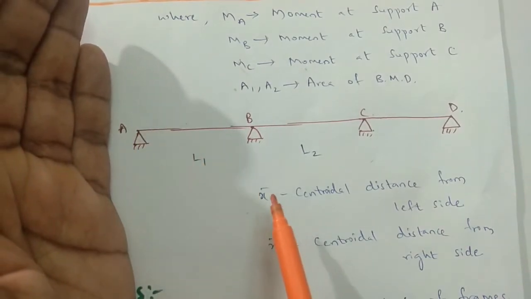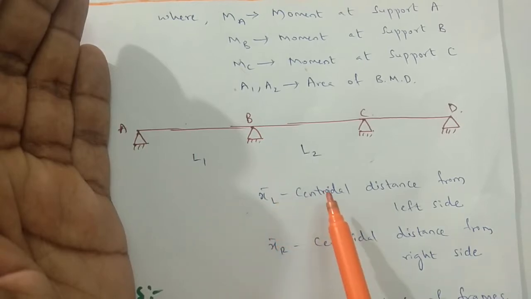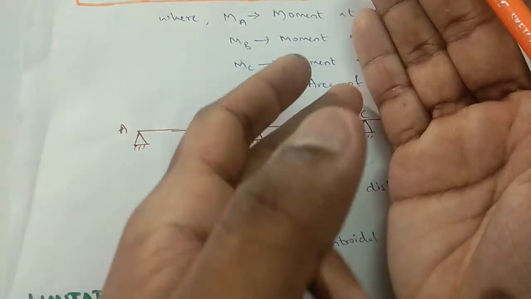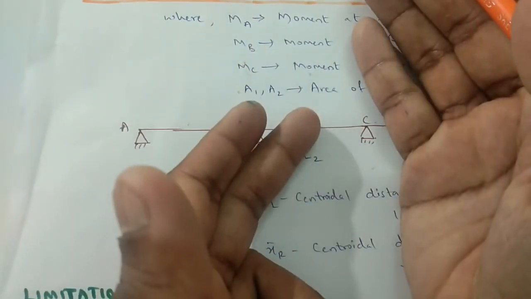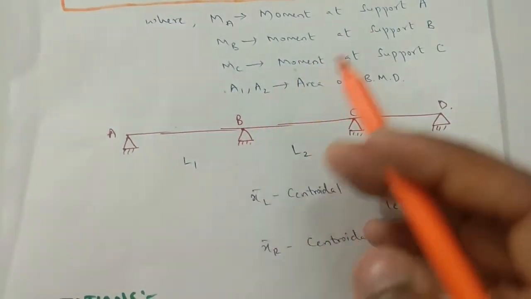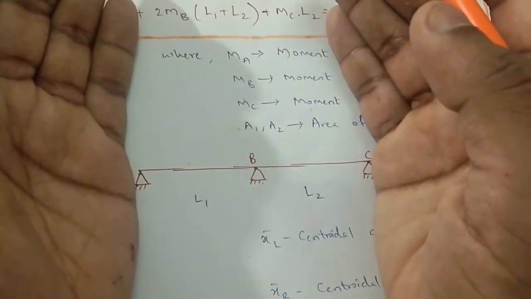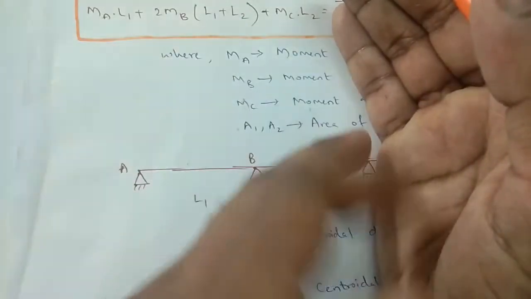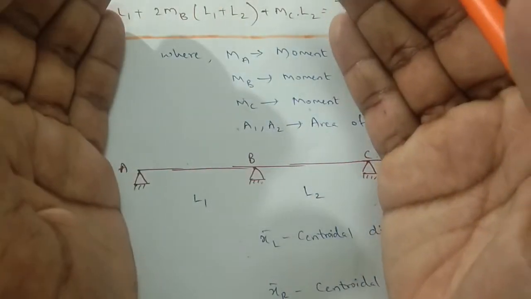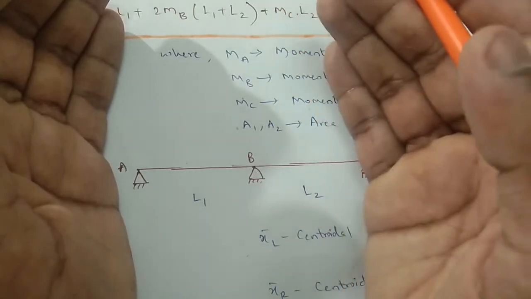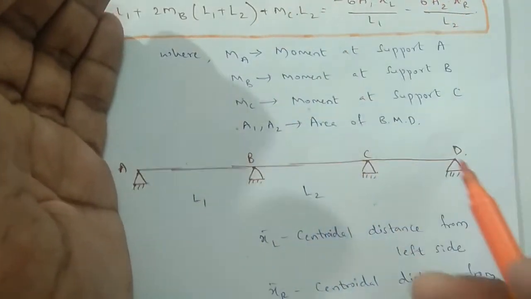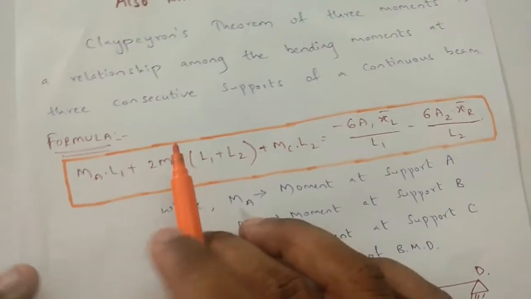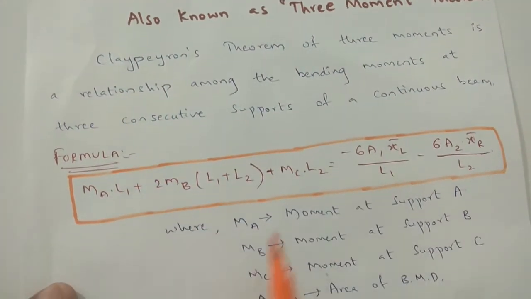XL bar is the centroidal distance from the left side, and XR bar is the centroidal distance of the bending moment diagram from the right side. I will explain this concept clearly while solving the problems. Till then you have to remember this definition and this formula.